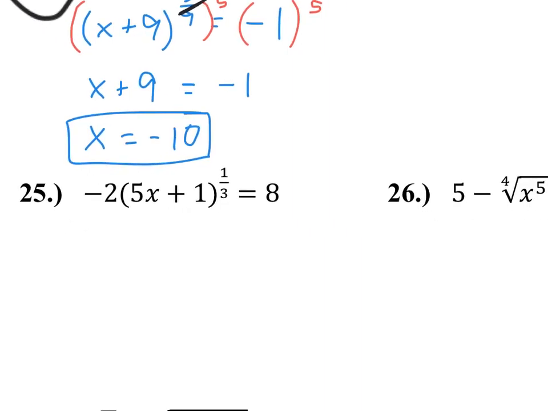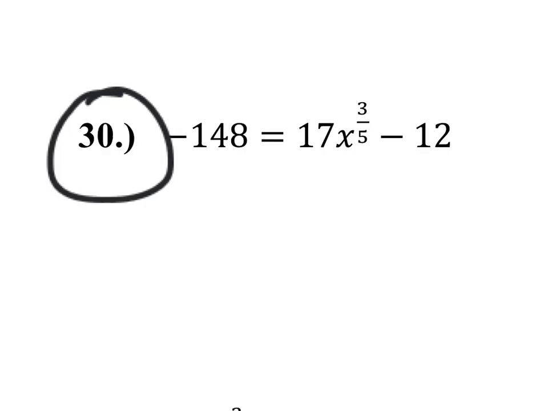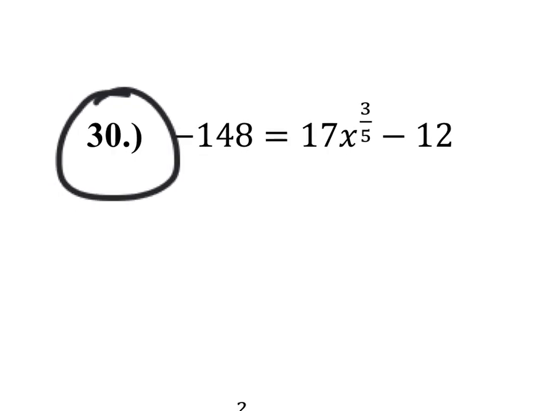Alright, let's look at one last problem. Let's go down to number 30. This time the x is on the right side of our equation. And for us to solve for x, like we've been doing, we need to get this x term by itself. So the first thing we need to do is add 12 to both sides. When we add 12 to both sides, negative 148 plus 12 is negative 136.